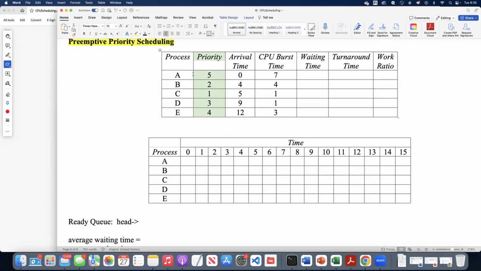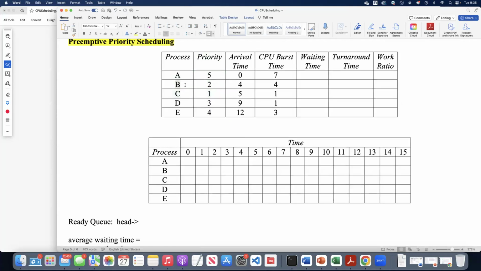Process A has priority value 5, which means process A has the lowest priority among the 5 processes. And process C has priority value 1, which means process C has the highest priority among these 5 processes.